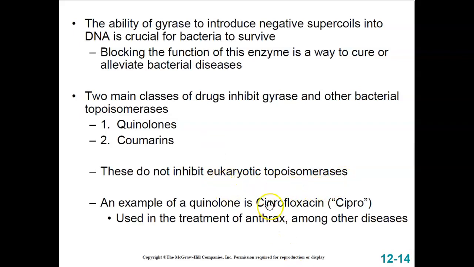So when somebody takes ciprofloxacin, Cipro, you guys have probably heard of that. Ciprofloxacin is a quinolone, and it's a really strong antibiotic. It can kill anthrax, you guys, and other very serious bacterial diseases. I think that it also can get rid of certain strains of streptococcus.